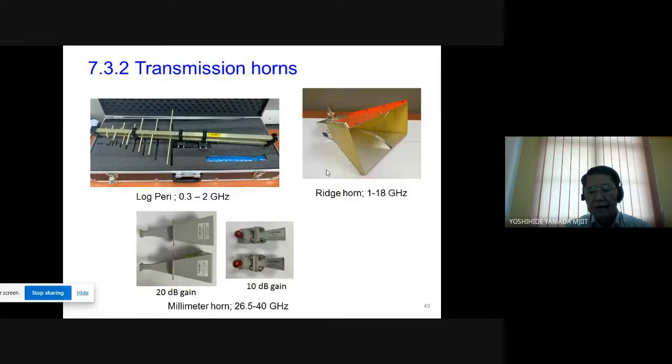In our facility, there are many horns for the measurement. 300 megahertz to 2 gigahertz log-periodic, and ridge horn is 1 to 18, and 4 millimeter, 26.5 to 40 gigahertz.